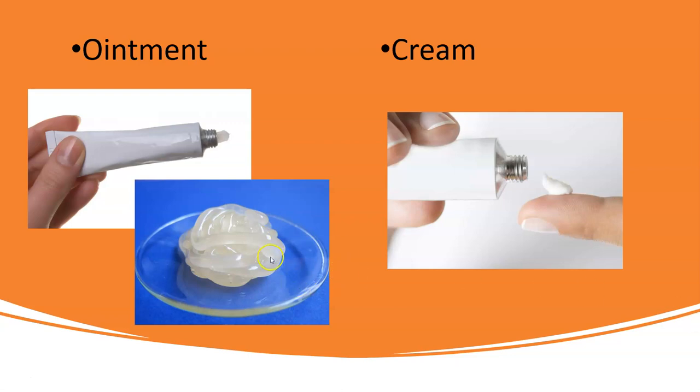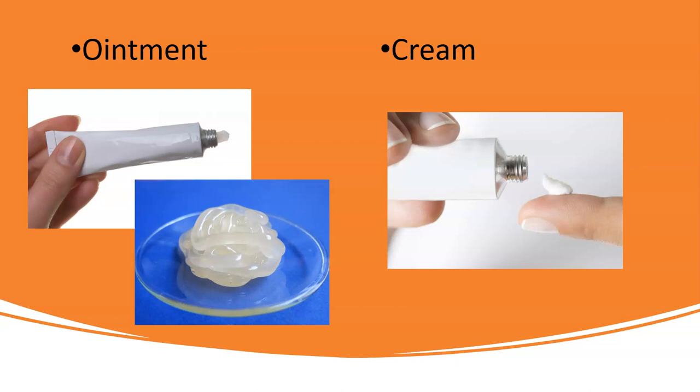So you're going to usually have an oily surface with an ointment, but the cream could actually rub into the skin. These are known as semi-solid emulsions. So an emulsion is when you're mixing two things together that don't usually mix, but we're able to keep them together. So both of these contain oil and water, but the ointment has more of the oil and the cream has more of the water.